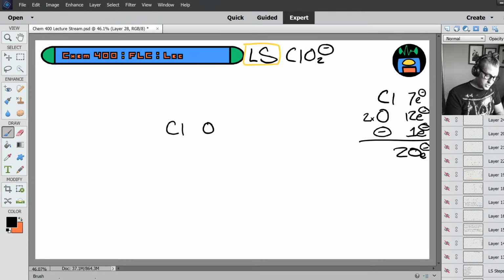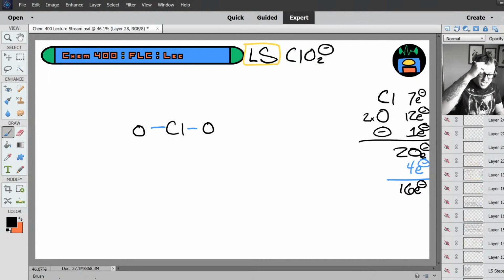Next, we need to attach our other atoms to our central atom. To make 2 bonds will cost 4 electrons. So we spend 4 electrons out of our budget, leaving us with 16. Next, we need to fill our octets. You'll notice that this oxygen has 2. It needs 8.